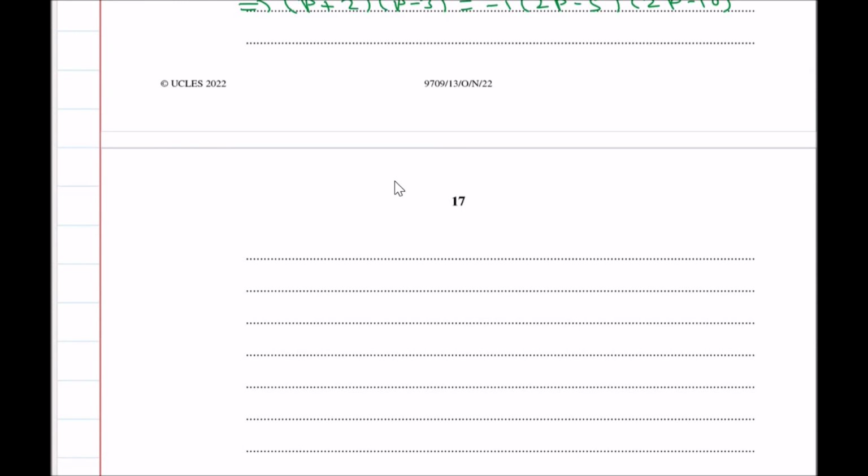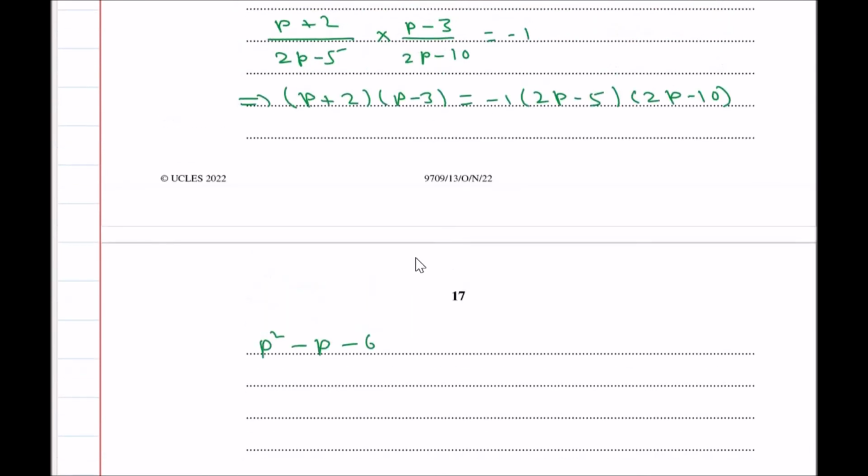So we get p square minus p minus 6 is equal to -1 into 4p square minus 30p plus 50.